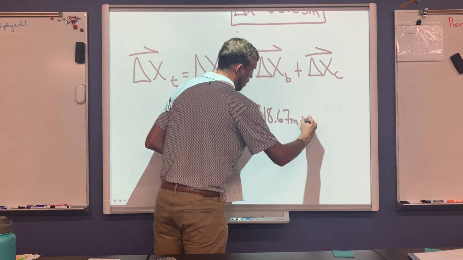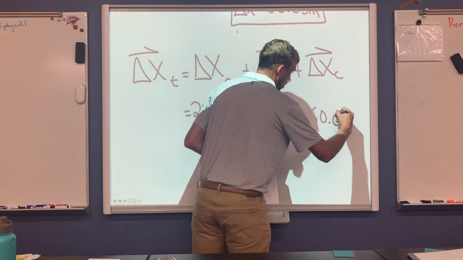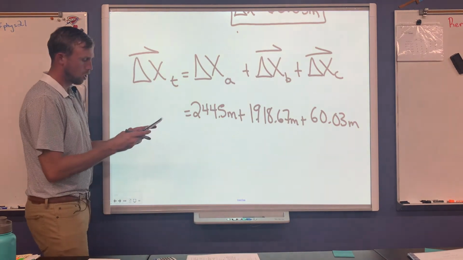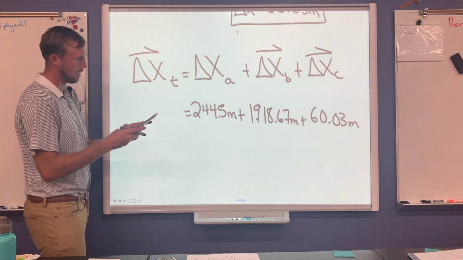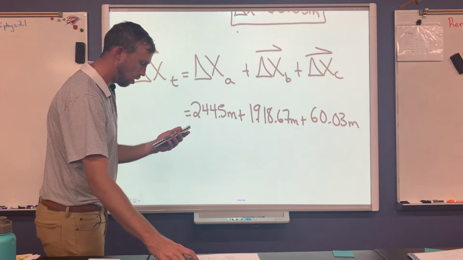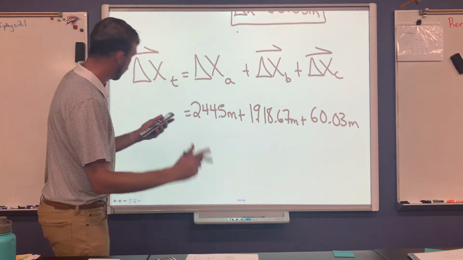And then part C, I was 60.03 meters. And now I should be able to add all of my terms together. 244.5, 1918.67, and 60.03. I end up getting a value of about 2223, and it's right on point.